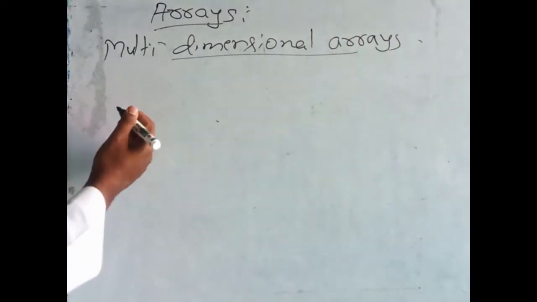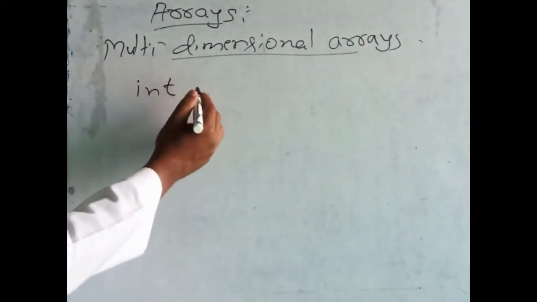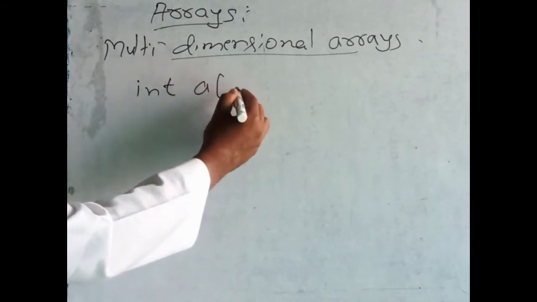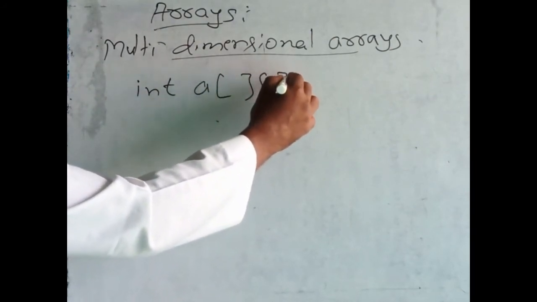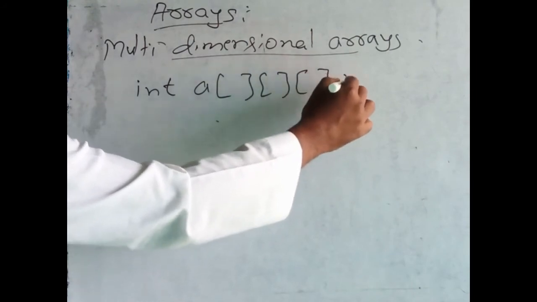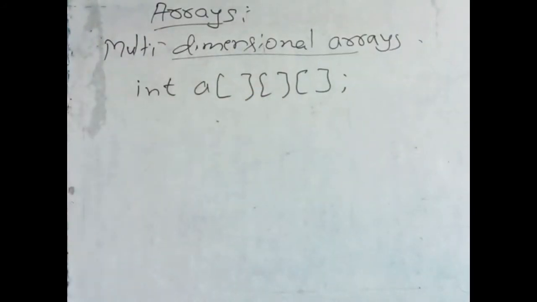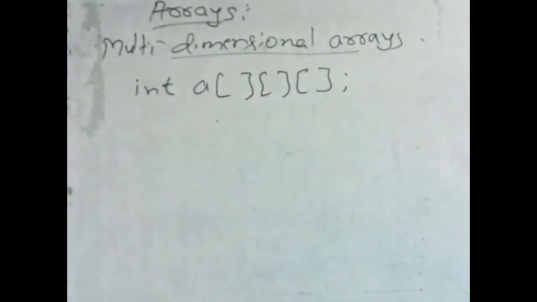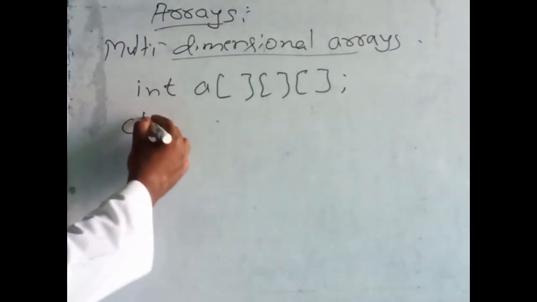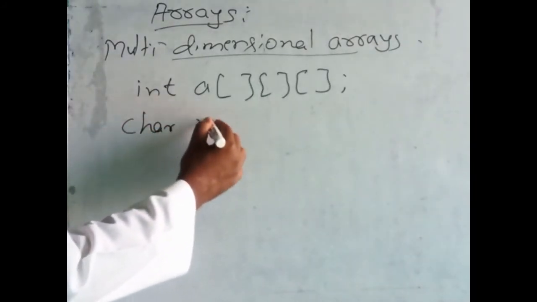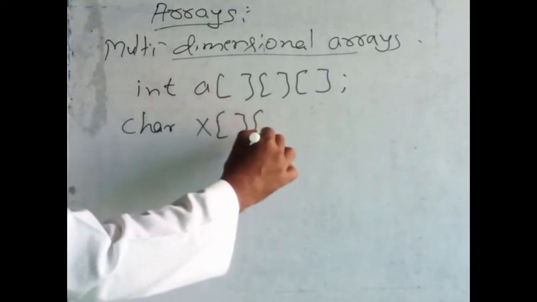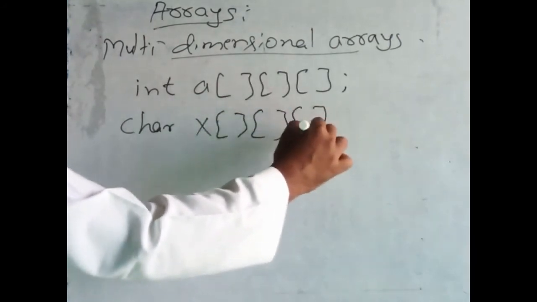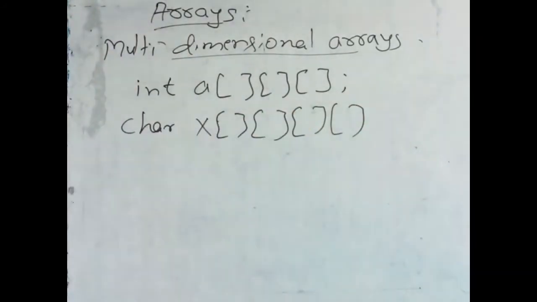For example, int a of, this is a 3-dimensional array. It contains 1, 2, 3 subscripts. Same thing, for example, a character array with 4 subscripts is a 4-dimensional array.